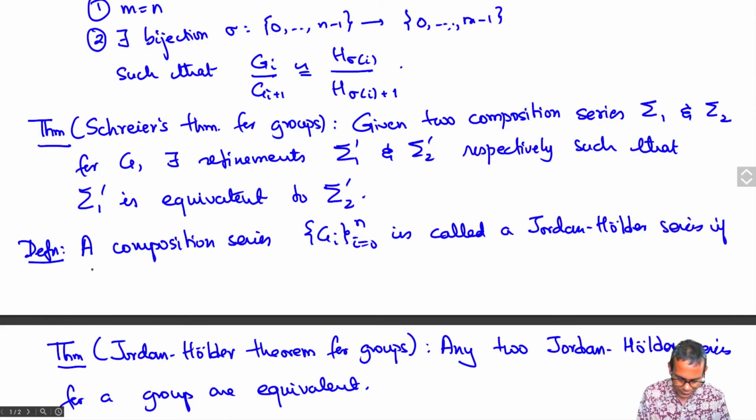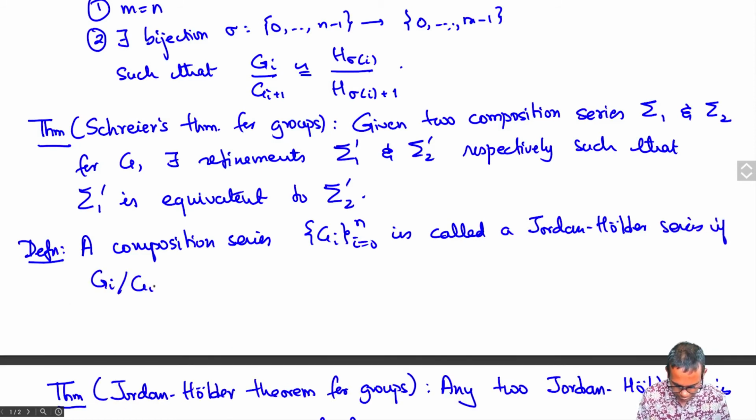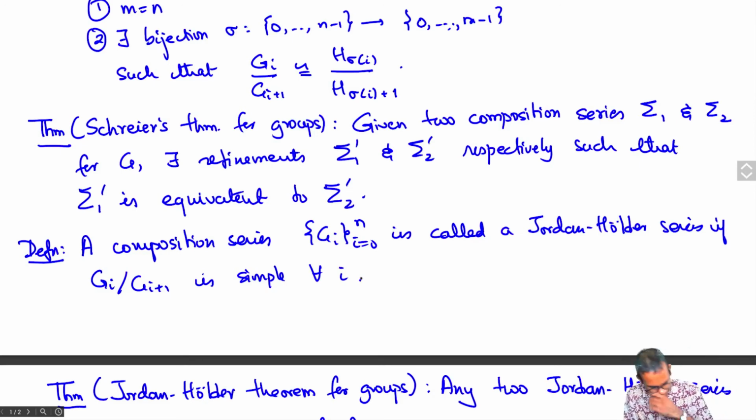But maybe I'll just state it in another way. If G_i mod G_{i+1} is simple for every i, and this implies that the G_i are distinct.